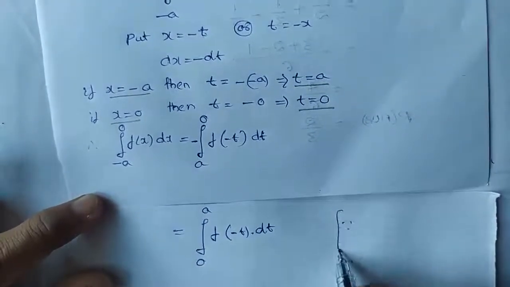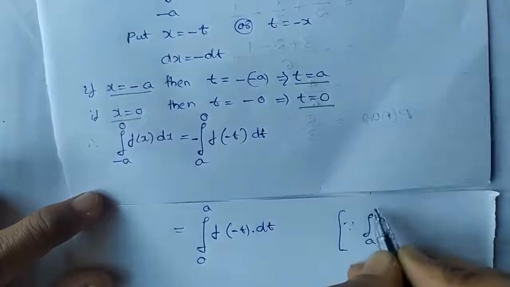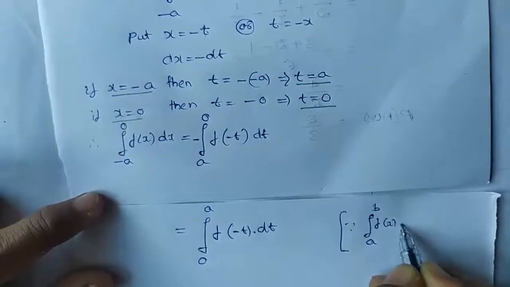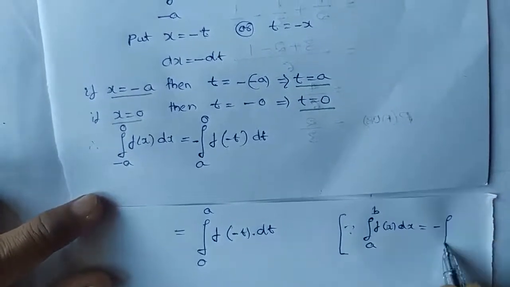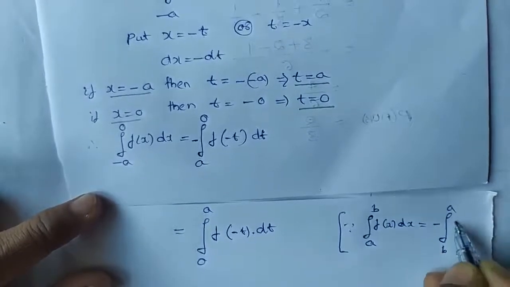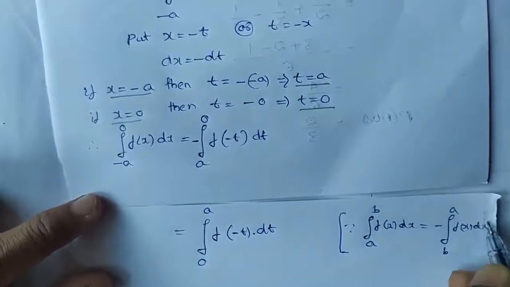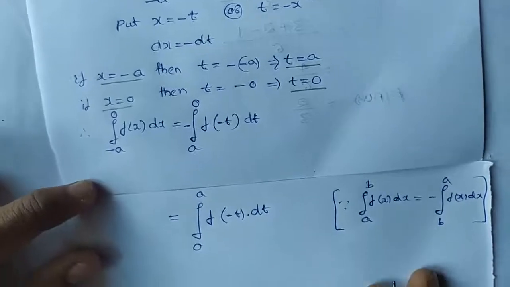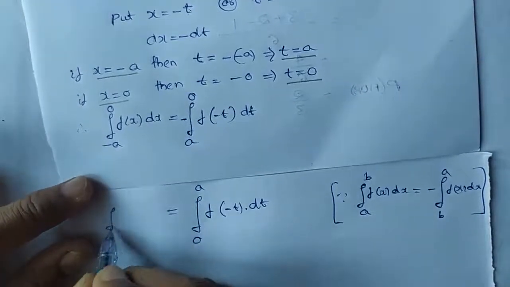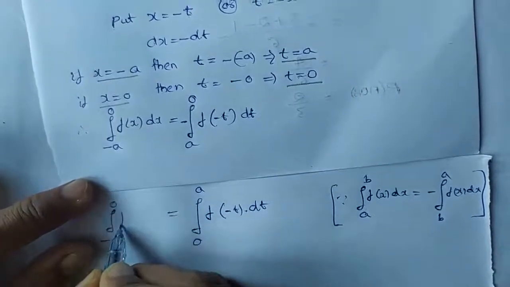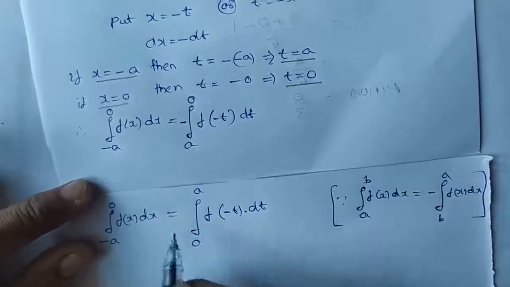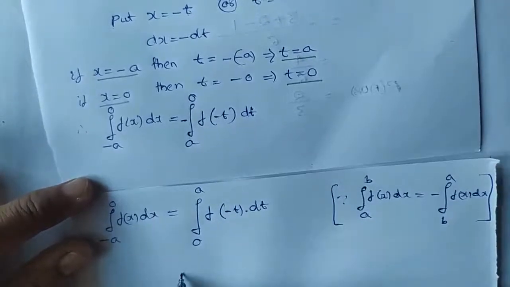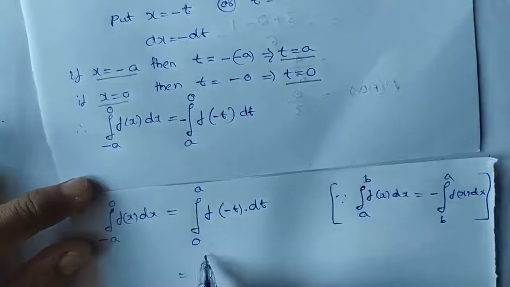Since integration of a to b f of x dx equals minus integration of b to a f of x dx, this property we have used. It is integration of minus a to 0 f of x dx.